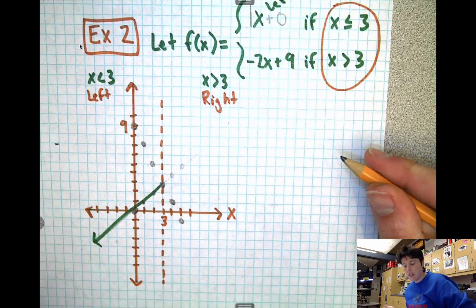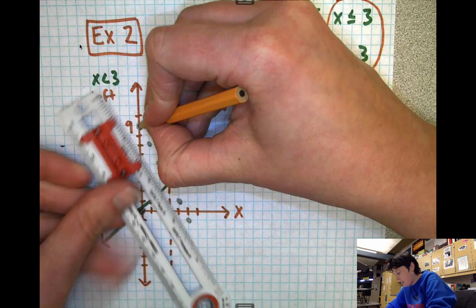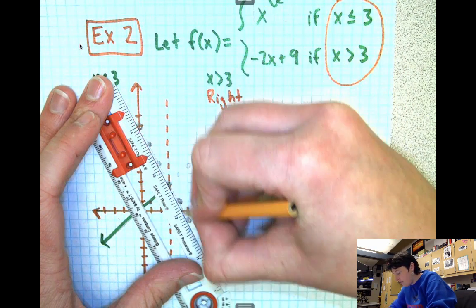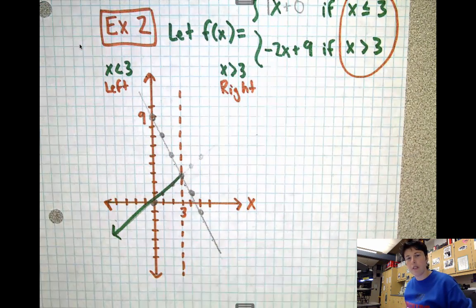And you can see that if I take my ruler, it does a nice line. It starts up here at 9. And I'll lightly sketch it through all these points that I just made. There it is. It'll come into focus hopefully on your screen.